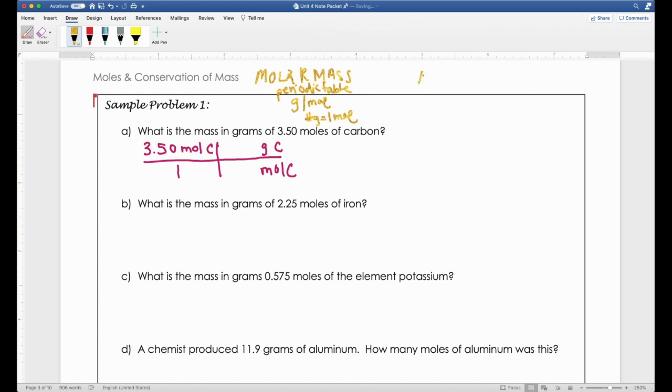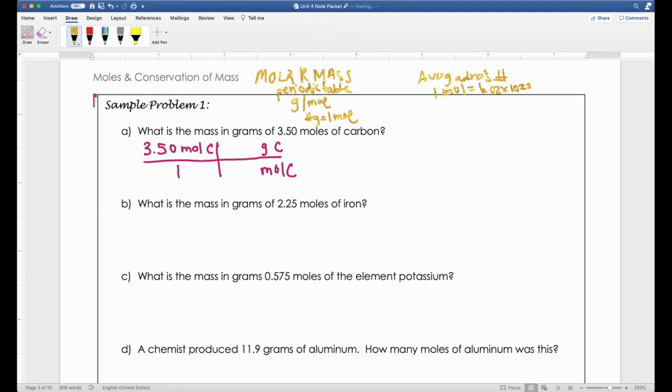The other option is Avogadro's number. Avogadro's number says that 1 mole of anything is equivalent to 6.02 times 10 to the 23rd of those things.